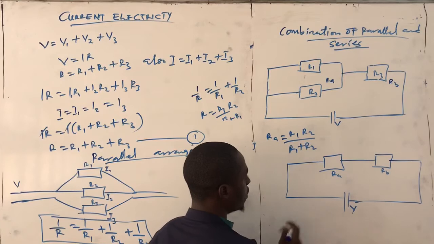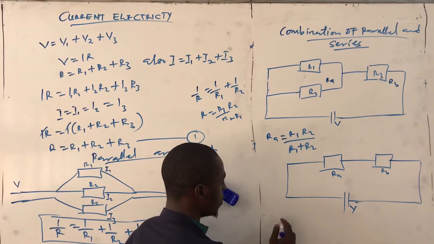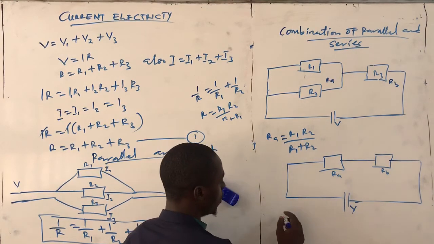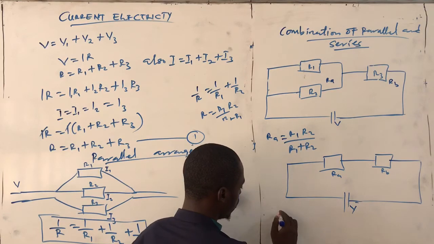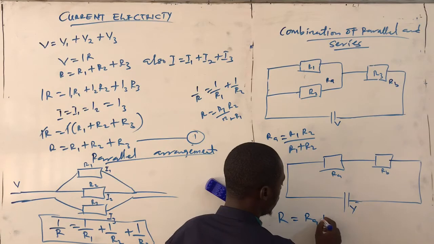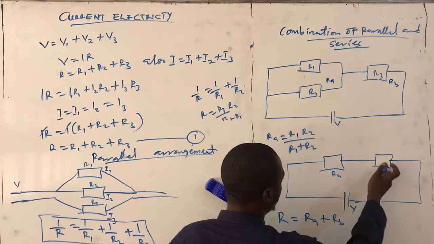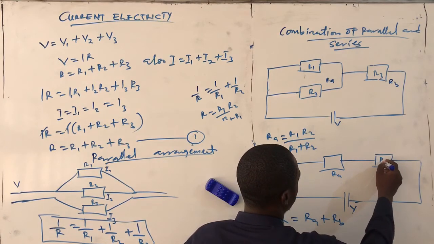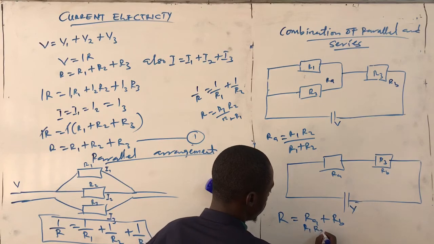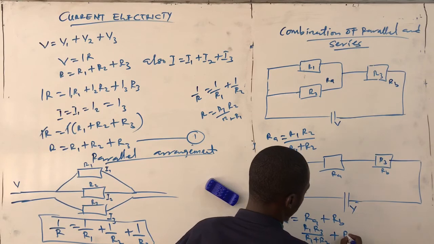Now they are in series with each other, so we have to find the series combination. From our derivation, we know that if we have a series combination, the current passing through them is the same. So we can use our equivalent resistance R equal to RA plus RB. We know RA to be this, and RB is R3, so it's the same thing as R1 R2 over R1 plus R2, plus R3.